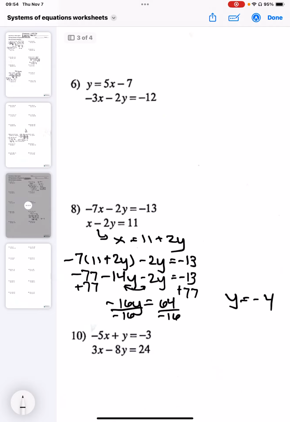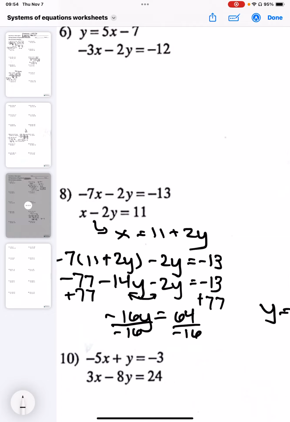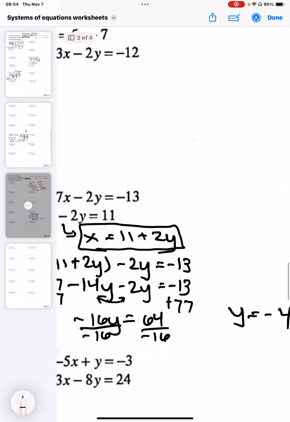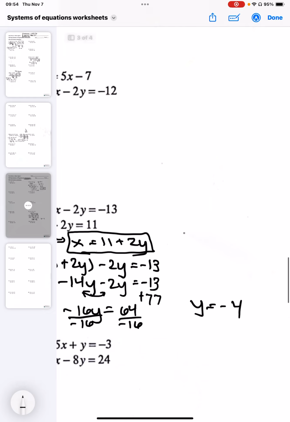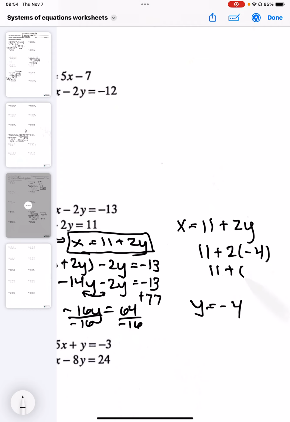Okay, so now we can use this equation that we made in order to find our x value. So we can say x is equal to 11 plus 2y, and our y is equal to negative 4. So we can say 11 plus 2 times negative 4. So we go 11 plus a negative 8, and we get x is equal to 3.